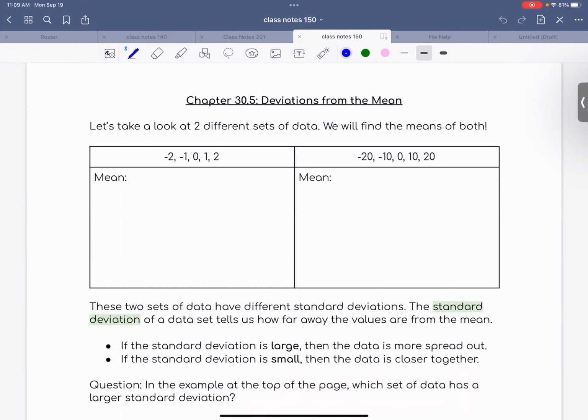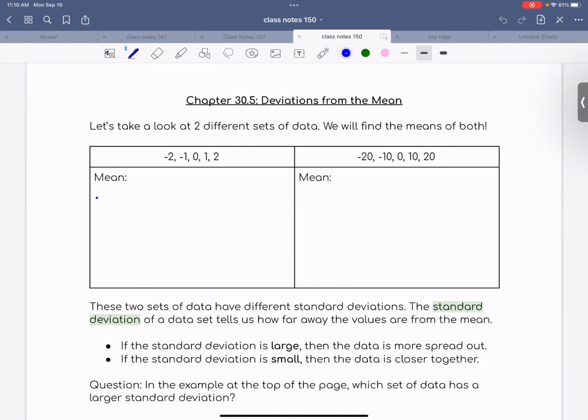Now, if I were to find the mean of the numbers on the left, what would I do? Harris? And then what do you do? Perfect, right? I would take all the numbers, add them up, divide by 5.